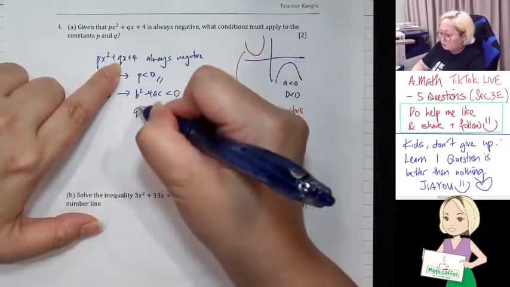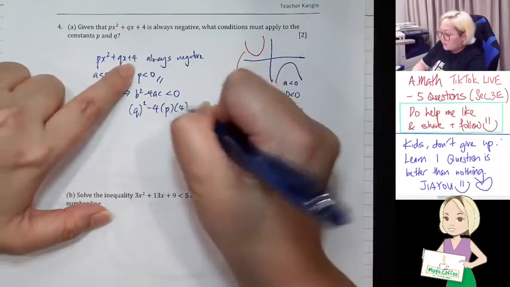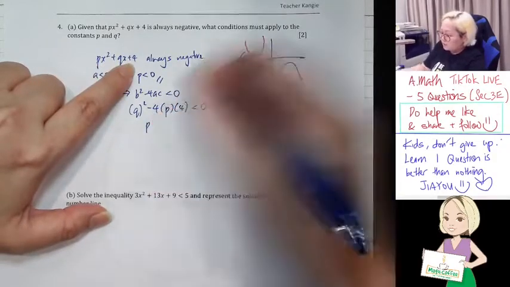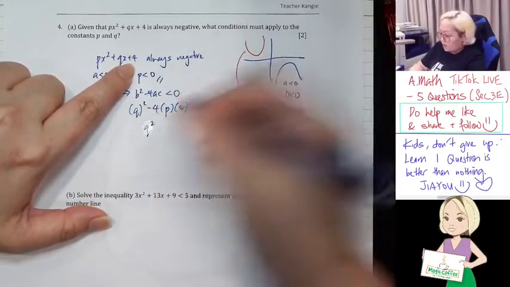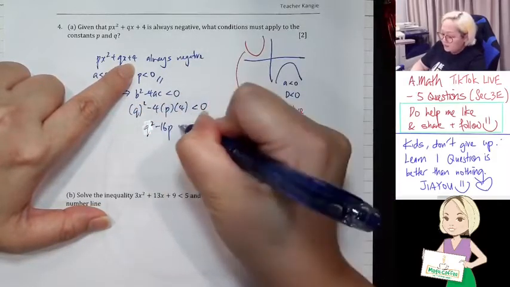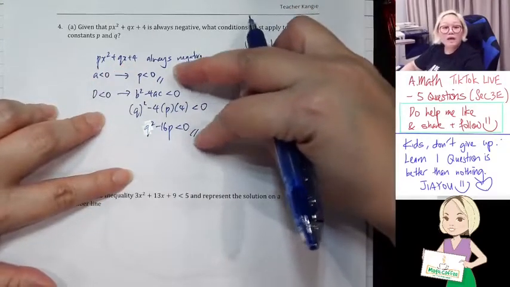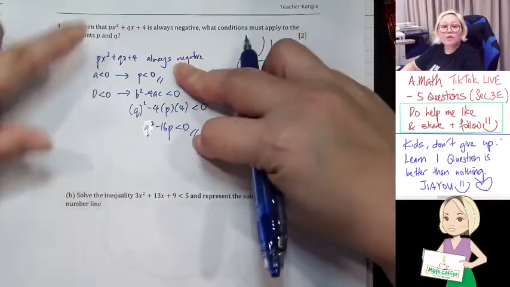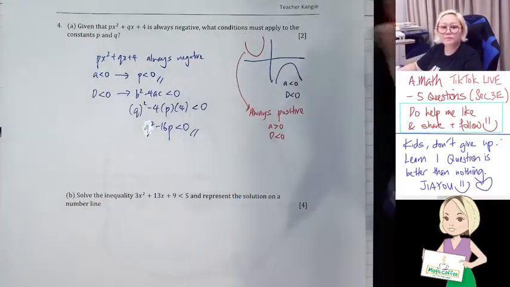So it's q squared minus 4ac less than 0, which is 4 times p times 4, and it's not p, q. So it is q squared minus 16p less than 0. Done. So I need these two conditions in order to have my graph always negative. Done.